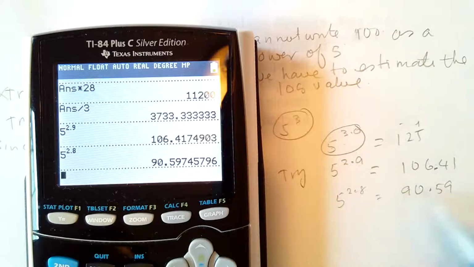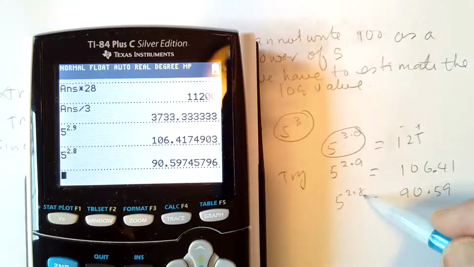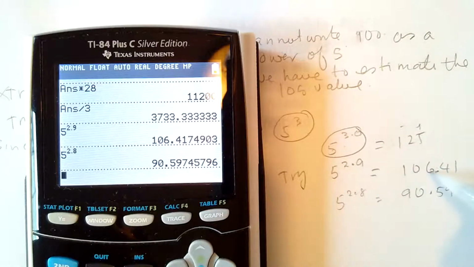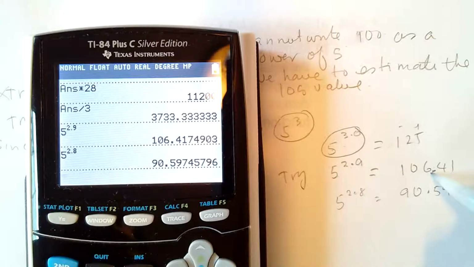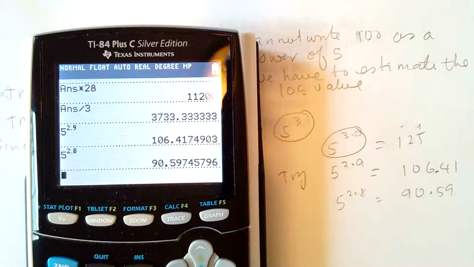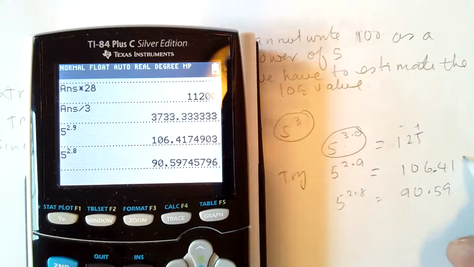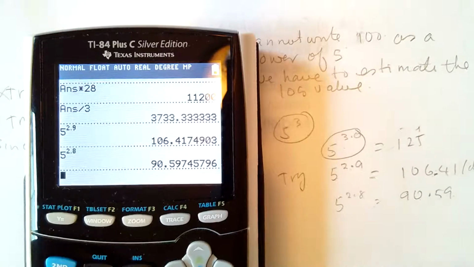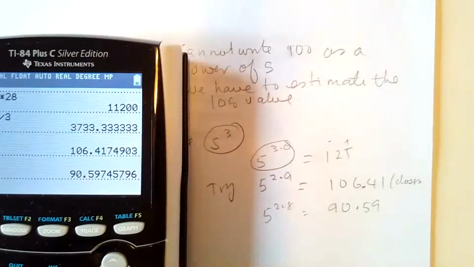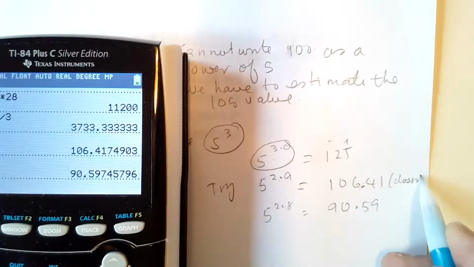Now, if you look at 2.8 and 2.9, 5 to the 2.9 is 6.41 away from 100. And 90.59 is 9.41 away from 100. So 106.41 is closer.